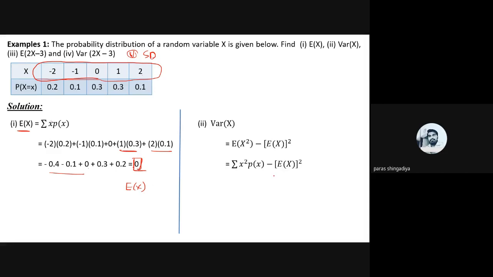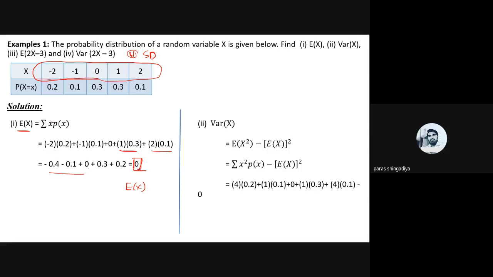So here let us calculate sigma x square into p of x. What does it mean? Here we consider the square of the random variable and then multiply with its probability.